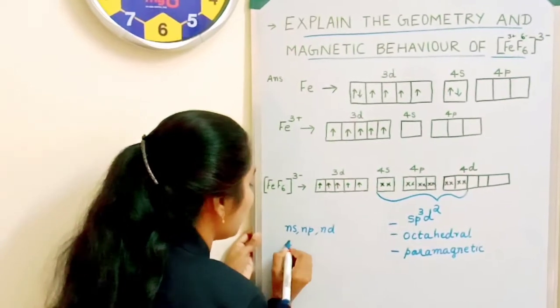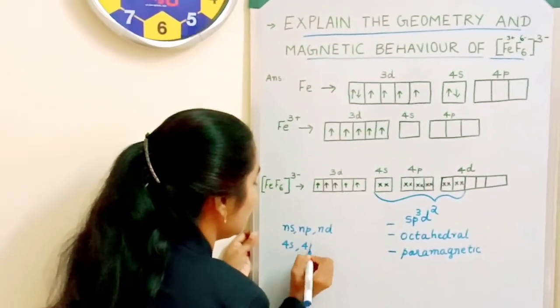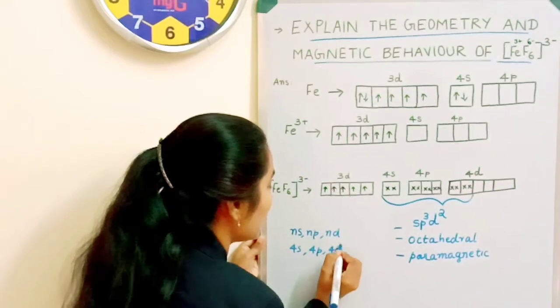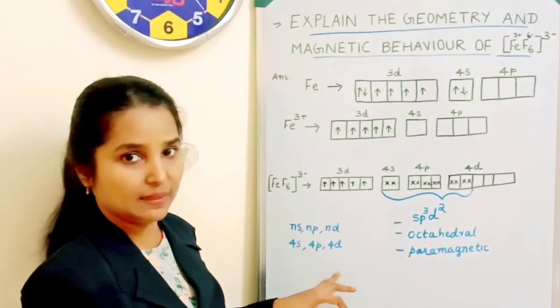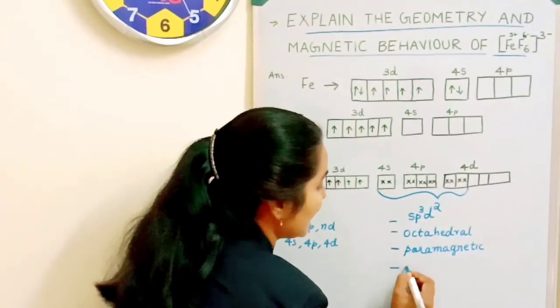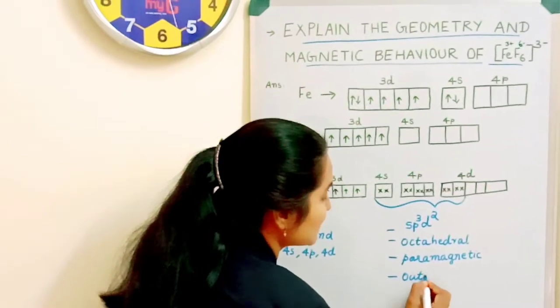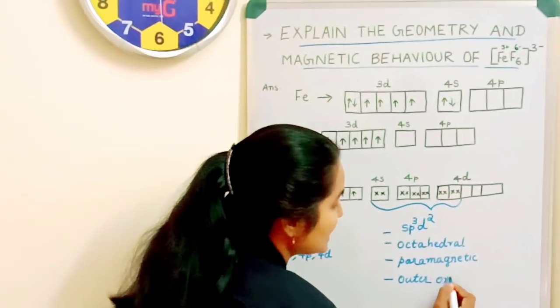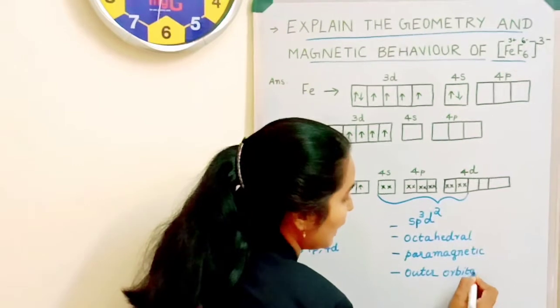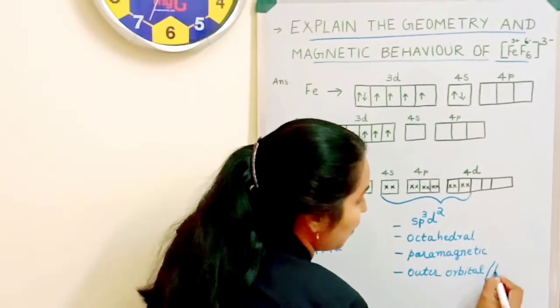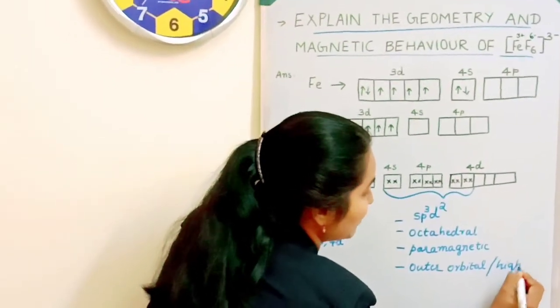That is, 4s, 4p, 4d orbitals are involved in hybridization. That means it is an outer orbital complex or high spin complex.